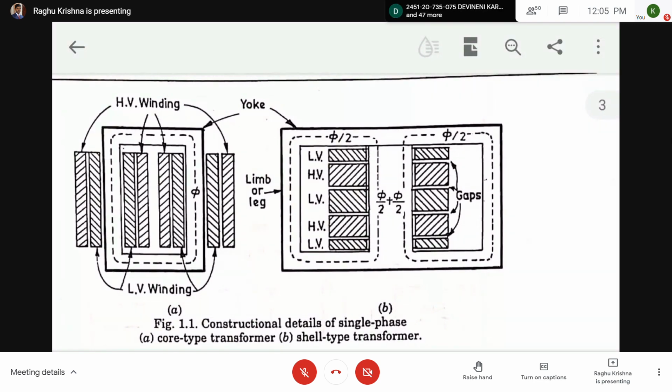That flux gets divided into phi/2 and phi/2. So phi/2 flows through the outer legs, and in the central leg, the flux will be phi. So in core type transformer, the flux has a single path, and in shell type, the flux gets divided here.